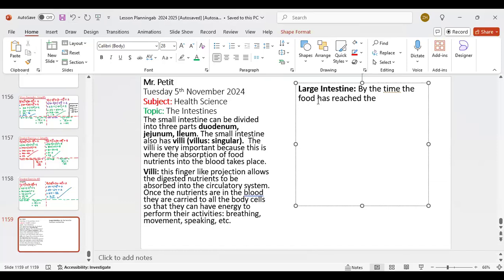By the time the food has reached the large intestine, it has already been broken down.